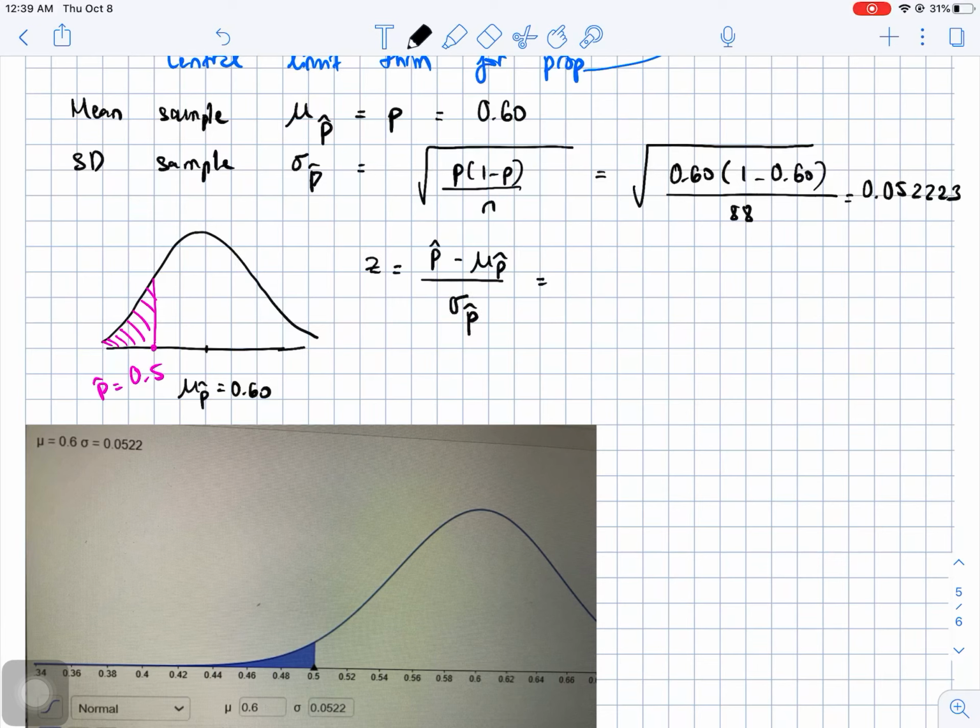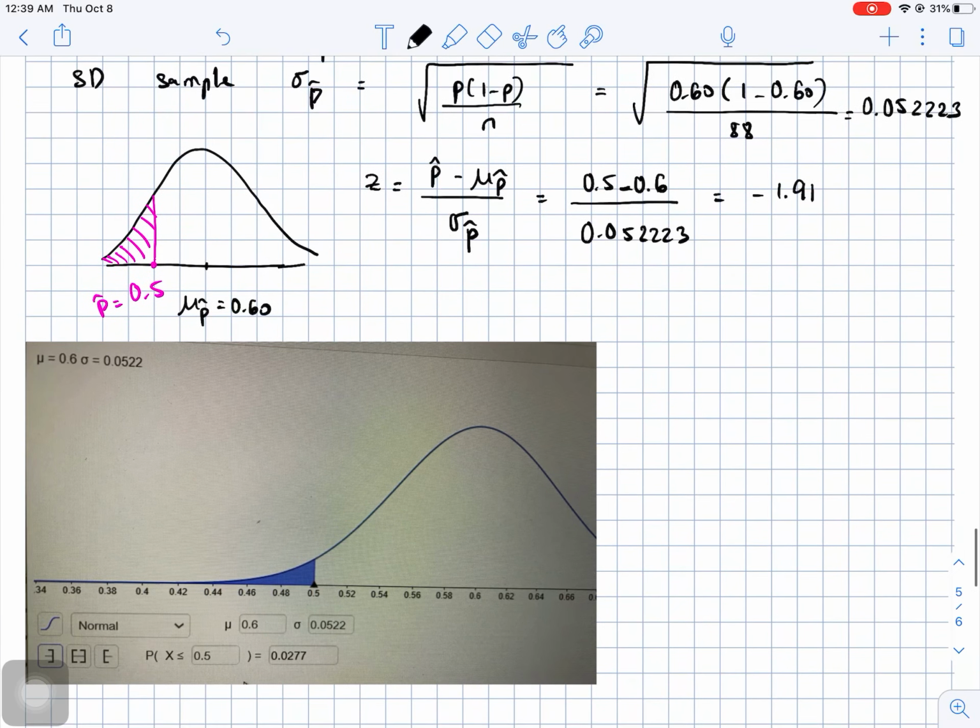We will need to convert into the z, and the formula for the z is p hat minus mu of p hat divided by sigma p hat. Now we put in the number. And we get the answer is negative 1.91.